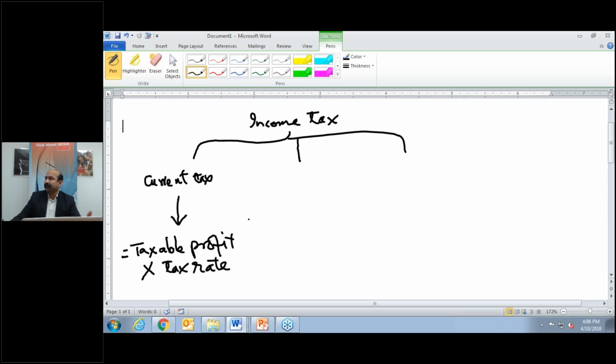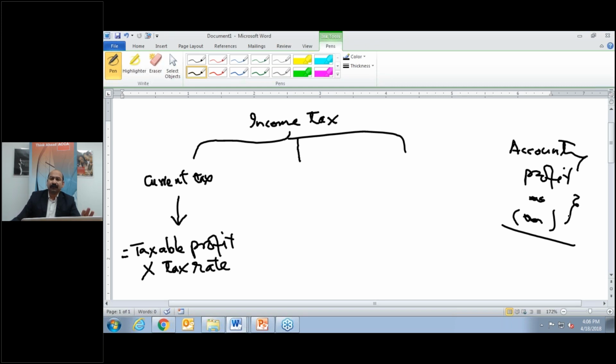You take the accounting profit and when you make adjustments for various items, plus, minus, this gives you the taxable profit. These adjustments are purely based on the tax law. Taxable profit is the profit as per the tax person. So this is the current tax.